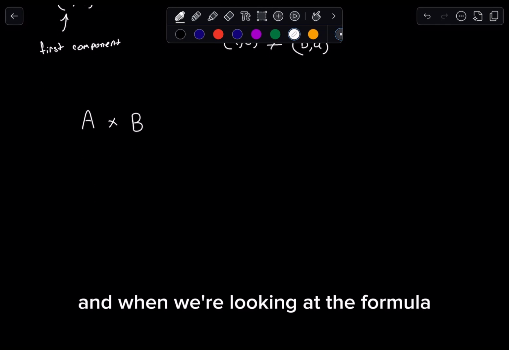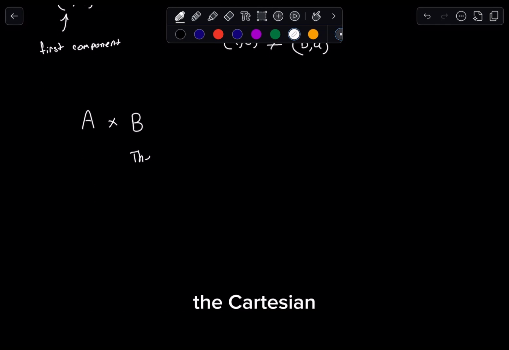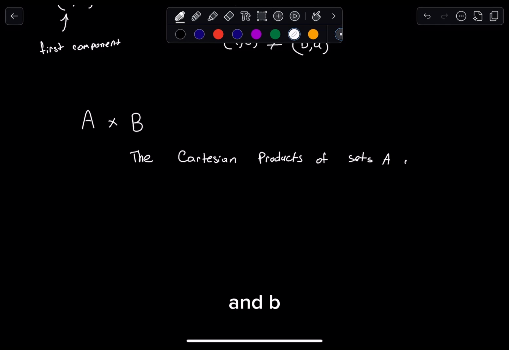When we're looking at the formula, the Cartesian product of sets A and B is defined as follows.